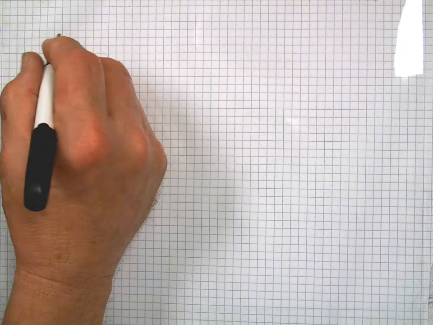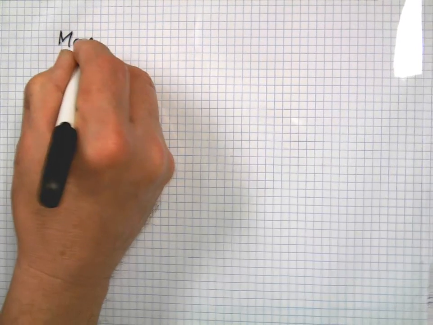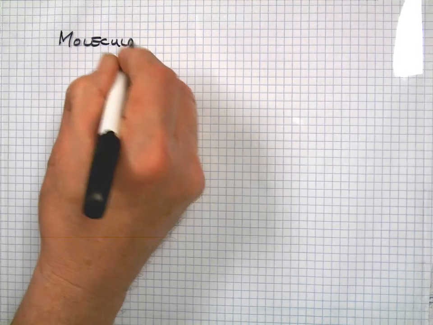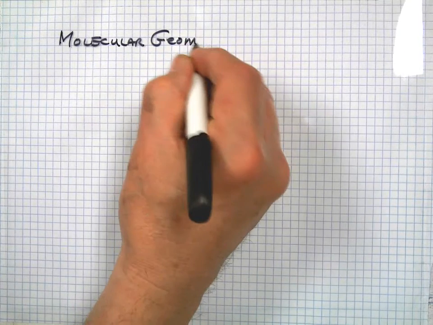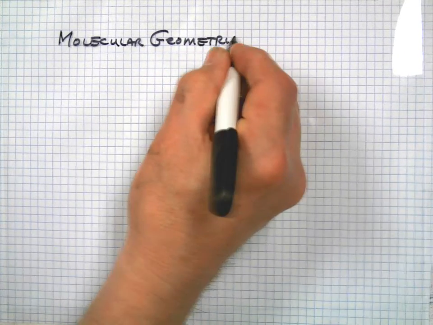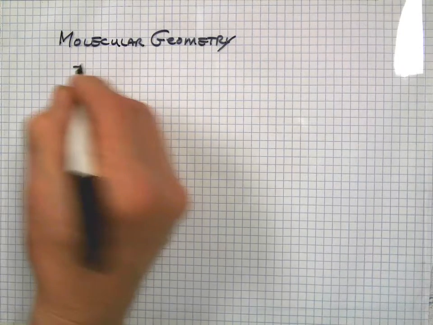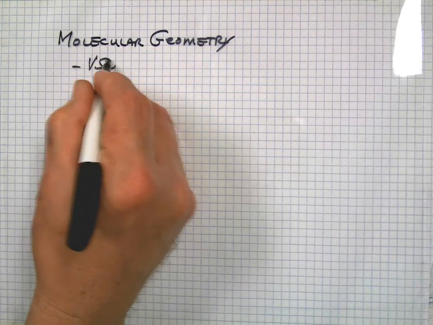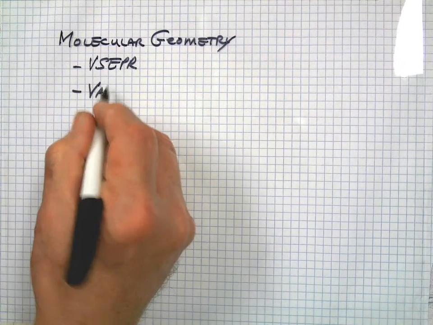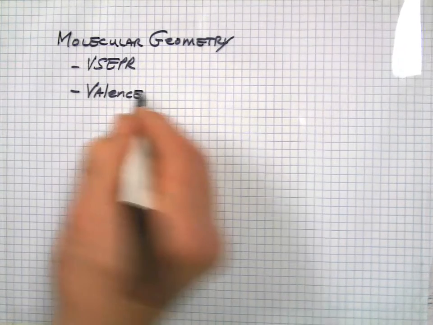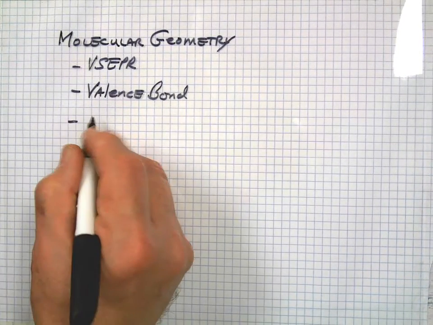This topic is really up to chapter 10, molecular geometry. Molecular geometry is divided into three principal theories, called the VSEPR theory, valence bond theory, and the molecular orbital.